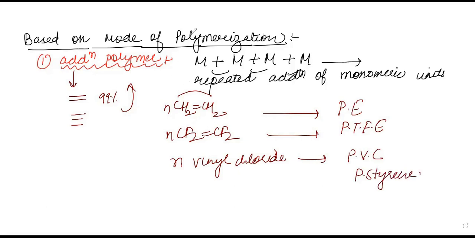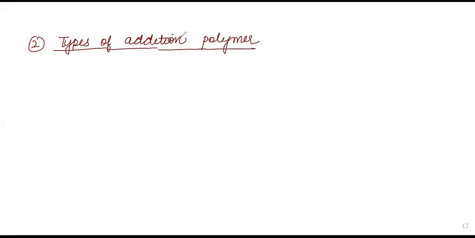Very important. Now the next type I am talking about is the type of addition polymer. So we have two further types of addition polymer. First, if the same monomer is there, it is known as homopolymer.